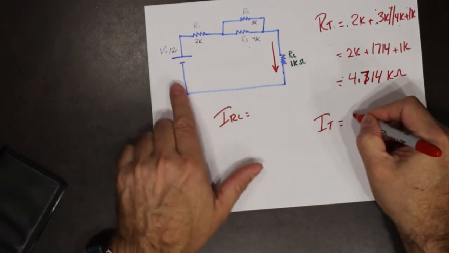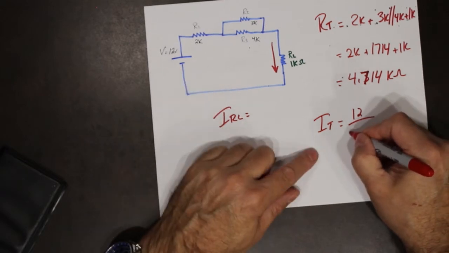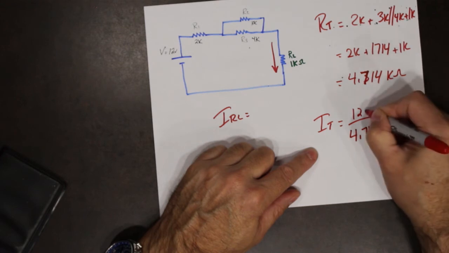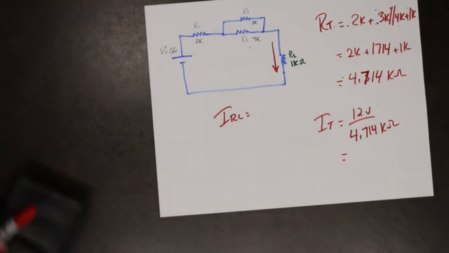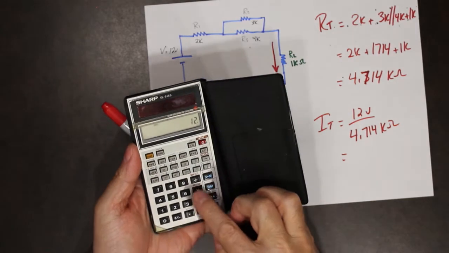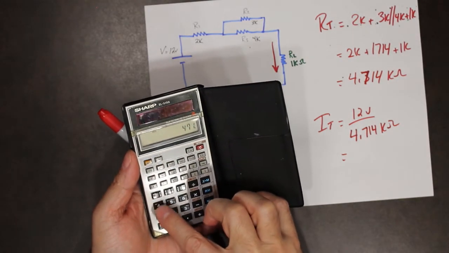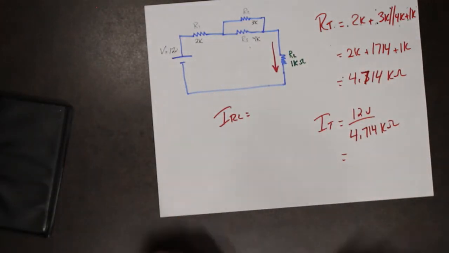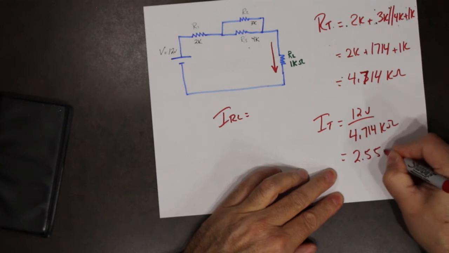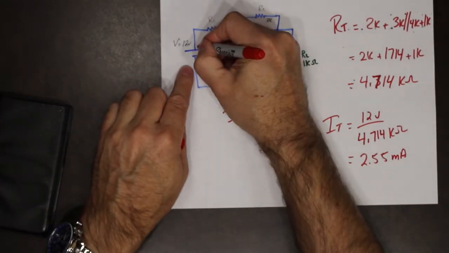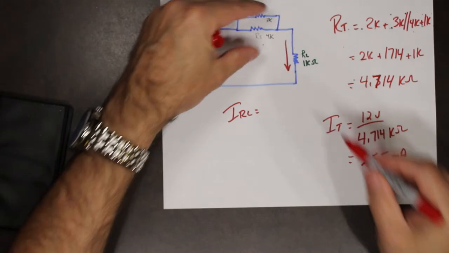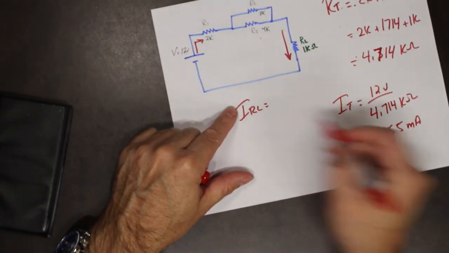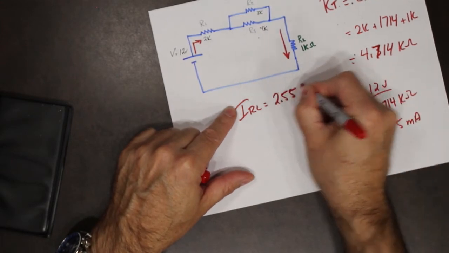I total is equal to 12 divided by 4.714 kilo ohms, equals 2.55 milliamps. I total leaves the source, flows through there, splits up, rejoins, and flows through there. So actually in this circuit, IRL is equal to 2.55 milliamps.